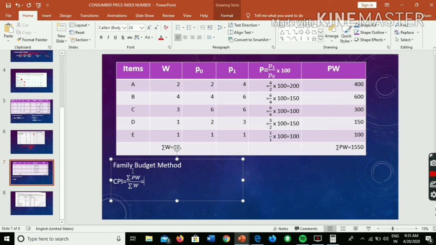Now apply to the formula. Family budget method, CPI is equal to sigma PW divided by sigma W. So 1550 divided by 10, which gives 155. Now the value of consumer price index is equal to 155.